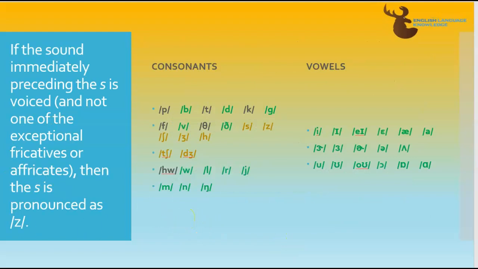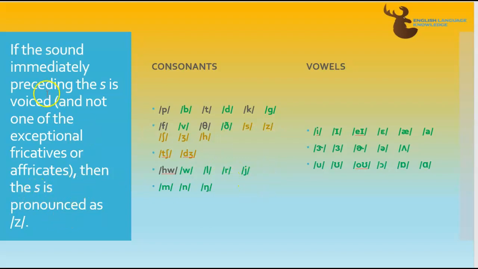So remember that the rule says that if the sound immediately preceding the S is voiced and not one of the exceptional fricatives or affricates, the ones that are here in a brown color, kind of golden color, those are the exceptional fricatives or affricates.